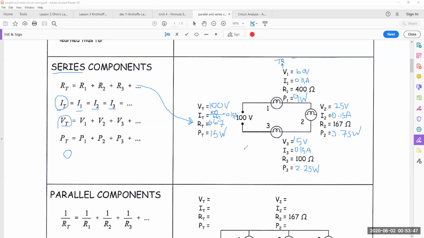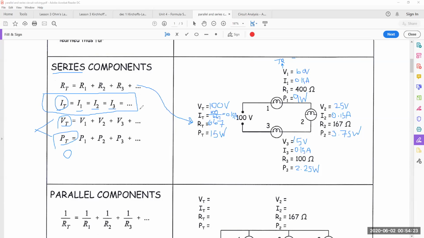So you can see here that 9 plus 3.75 plus 2.25 is equal to 15, so that's the other law. The total of power is equal to P1 plus P2 plus P3. So these two are similar, okay? So the only thing in a series circuit that stays the same everywhere and is not adding or changing is the current.